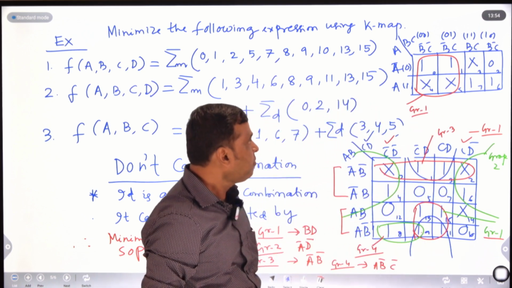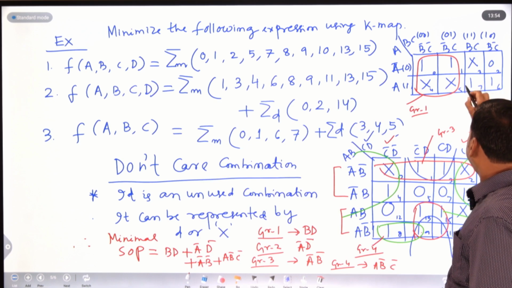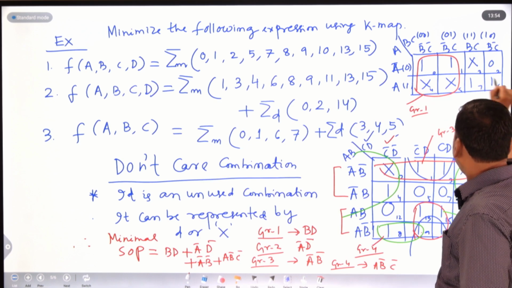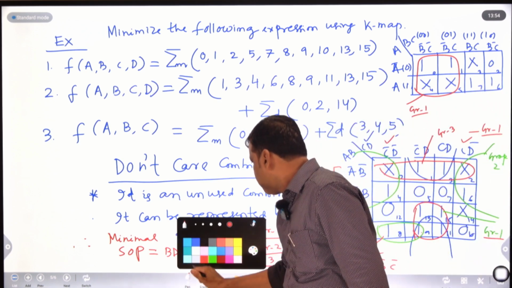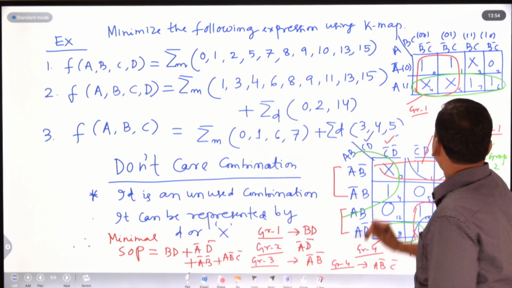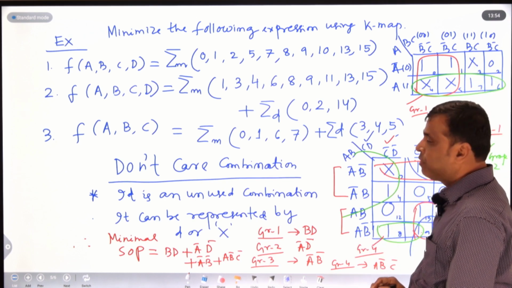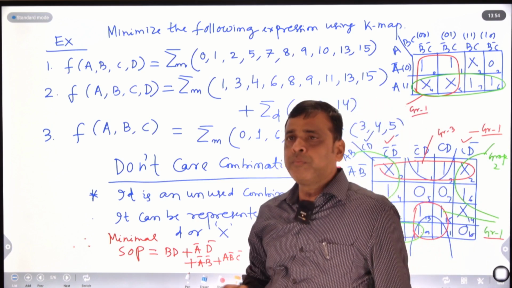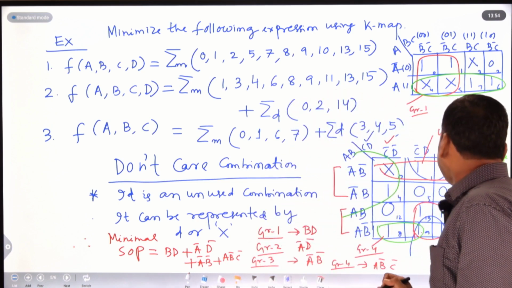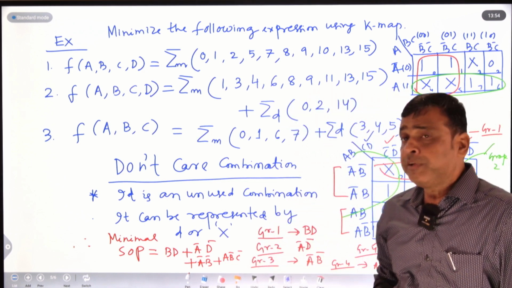Remember, again, these 2 ones can form a group with this one. This don't care you can leave out, no problem. If you leave one don't care, no problem, but you have to cover all the min terms.